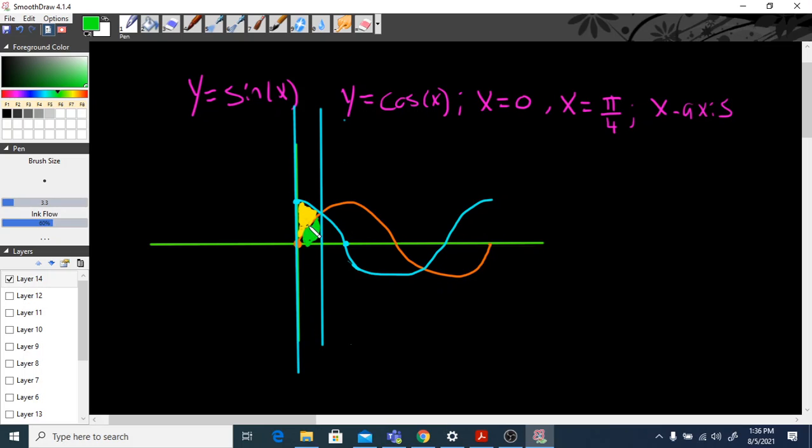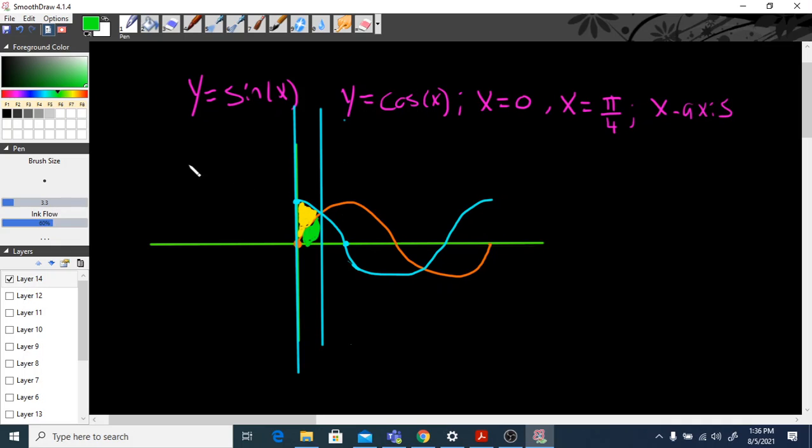Once again, if I integrate just cosine, I get the green region. If I integrate just sine, I get the yellow plus the green, and we don't want either one of those. We want just the yellow. So we're going to subtract the green out. We're going to integrate sine, integrate cosine, but then subtract. And that's going to give us the yellow region that we want.